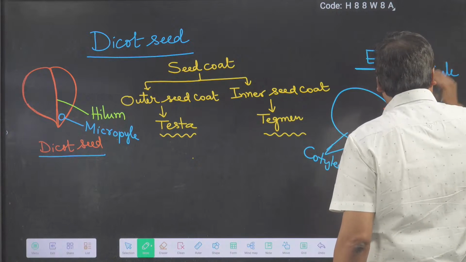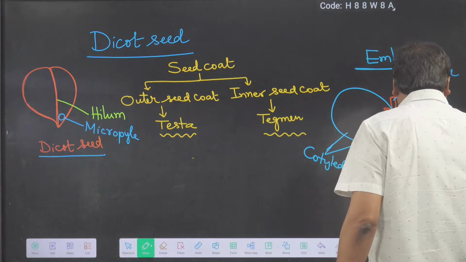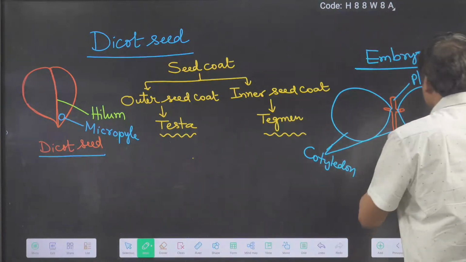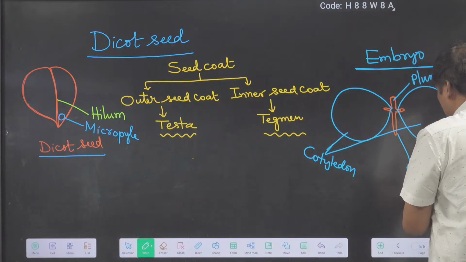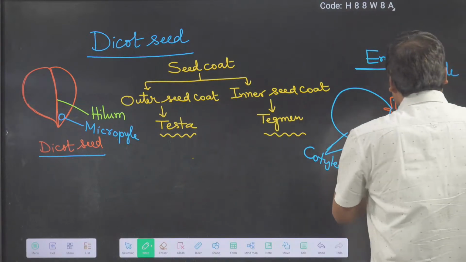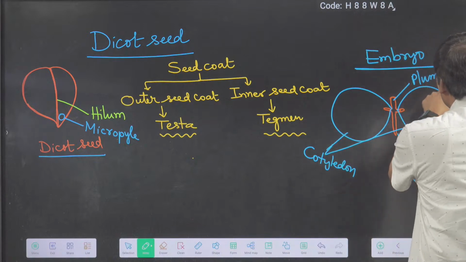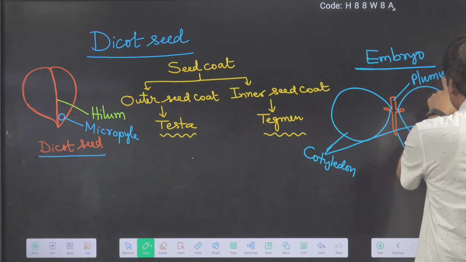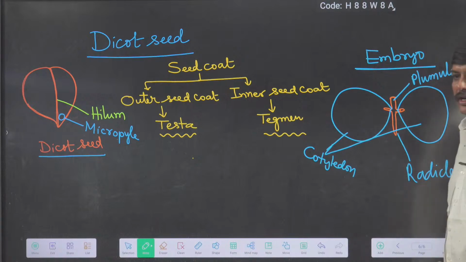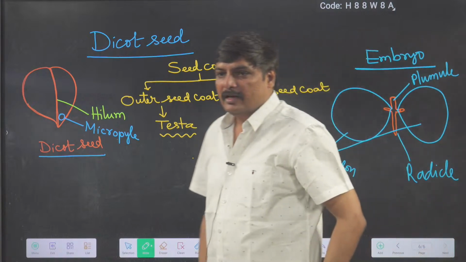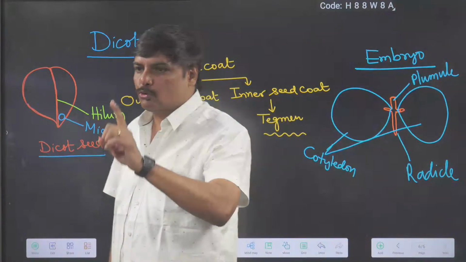One end of the axis is called radicle, also called embryonic root. And the other end is called plumule, also called embryonic shoot. Radicle gives rise to the root system.